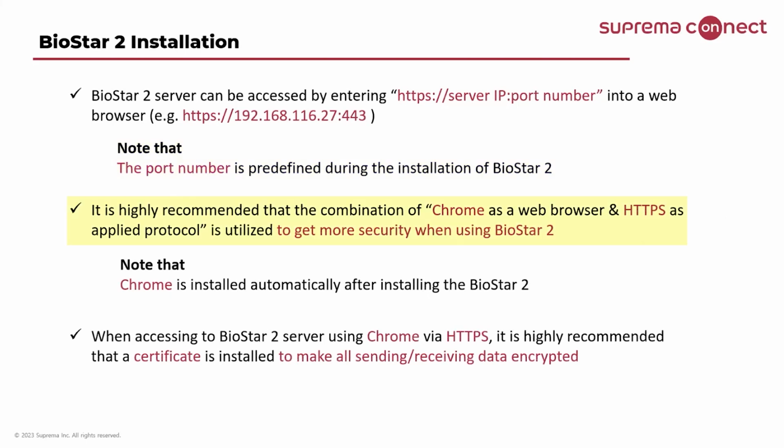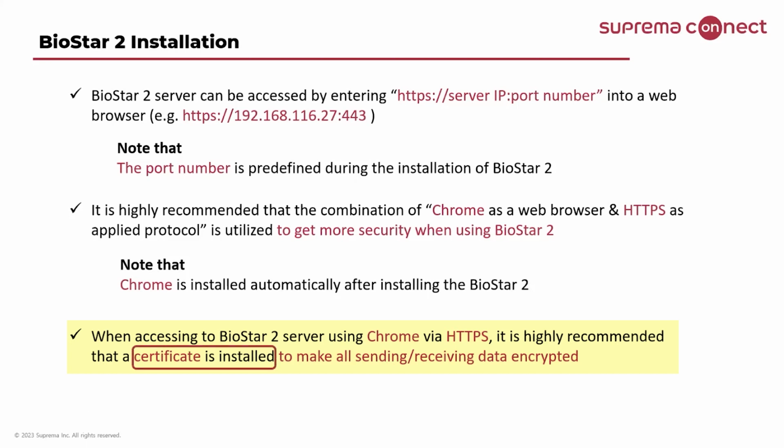Second, to get more security when using BioStar 2, it is highly recommended that you use a combination of Chrome and HTTPS. And Chrome is installed automatically after installation of BioStar 2. Lastly, installing a certificate when using HTTPS to keep the transferred data safe is highly recommended.